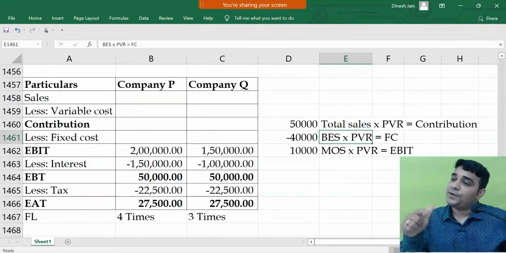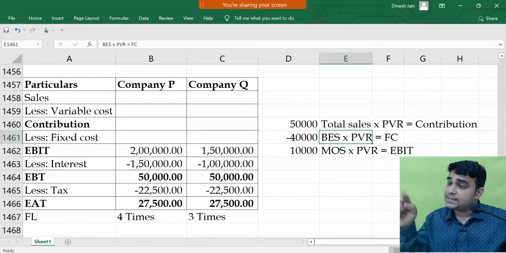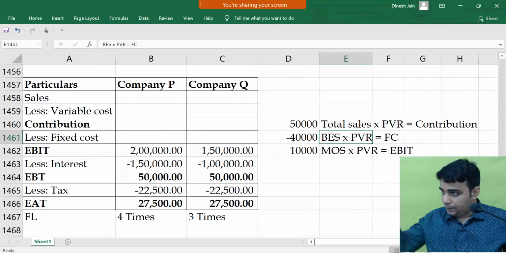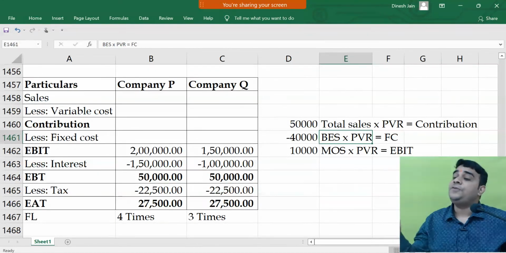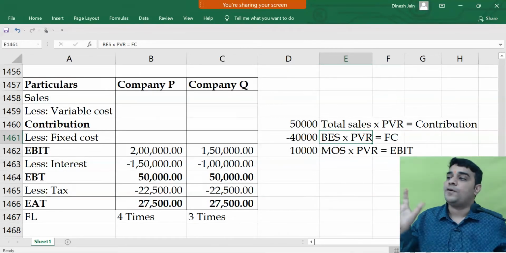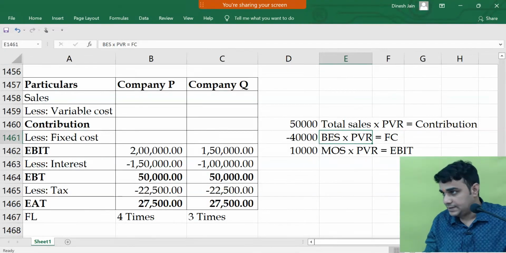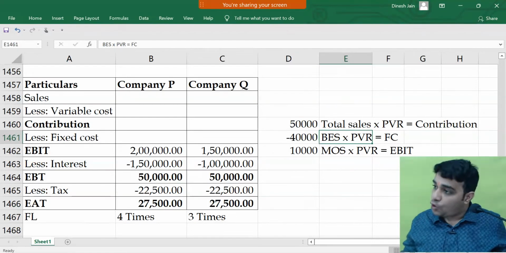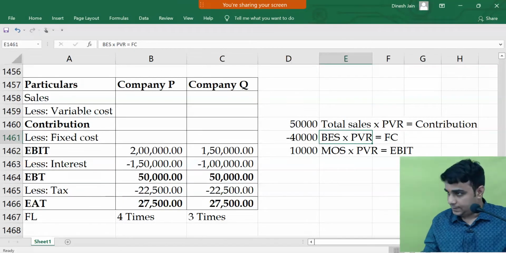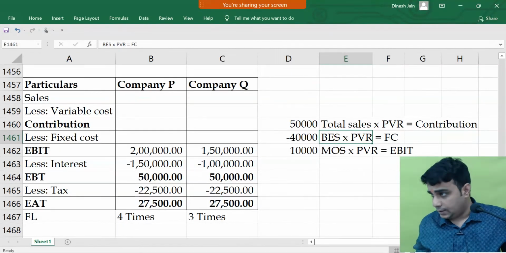So if your margin of safety is 0.20, your break even sales is 0.80. So the link between these two items: margin of safety is indirectly 1/4 of your break even sales, or 1/5 of the total sales.